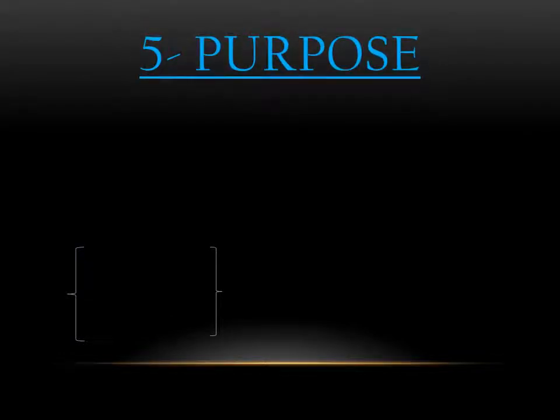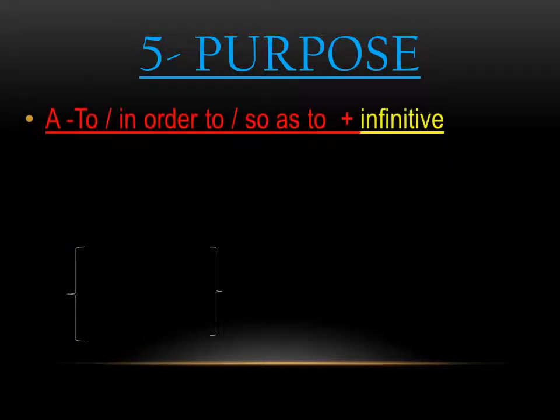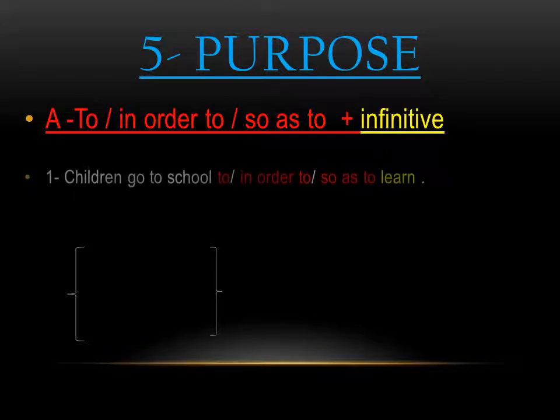Then let's move to number 5, purpose. Here we will show you how to use linking words to express purpose. If you want to express purpose, you can use to, in order to, so as to plus infinitive. Plus what? Clause? No. Noun? No. Verb-ing? No. Here we use infinitive.